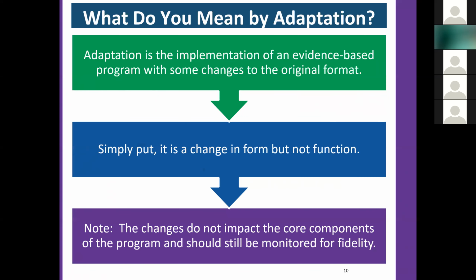And you've got to be aware that if you change form, that's okay. You cannot change function. So what do I mean by that? I mean that, for example, you're doing a curriculum that brings families together for support groups. And the original model had families being provided with bus tokens so that they could get to groups free of charge.